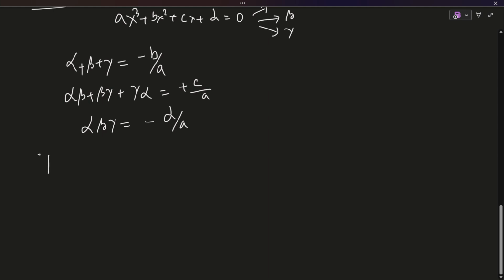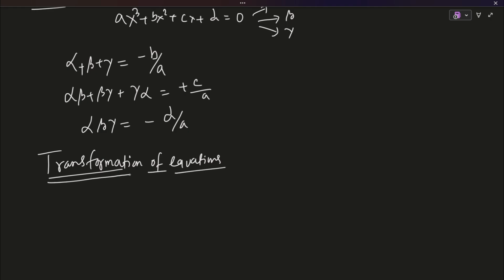And the last thing I would like to say here is transformation of equations. And in the transformation of equations, we basically can do this.